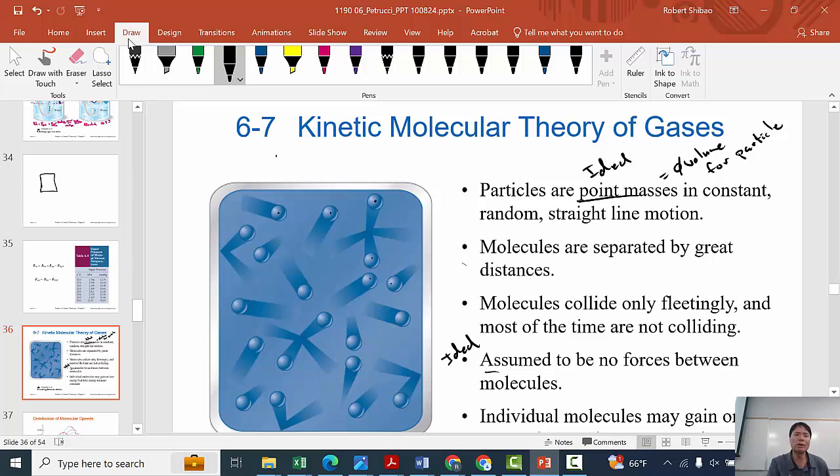So if I have 1 liter of gas, in an ideal gas, 1 liter of gas is equal to 1 liter of empty space. In a real gas, 1 liter of gas equals X liters of empty space plus Y liters of particle volume, particles being atoms or molecules.